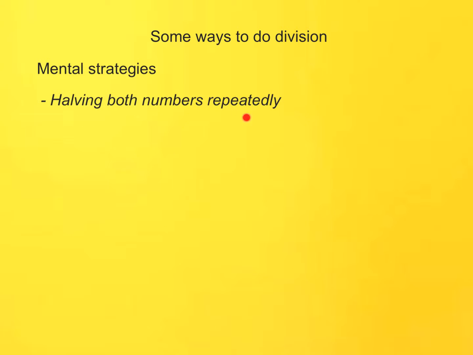A third strategy is called halving both numbers repetitively. So if we had, for example, 128 divided by 8, we're not sure what to do there, so we would say that if we half this number over here, we need to half this number over here.